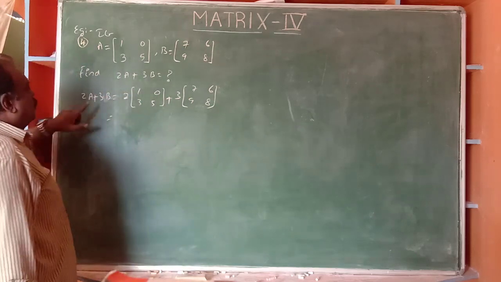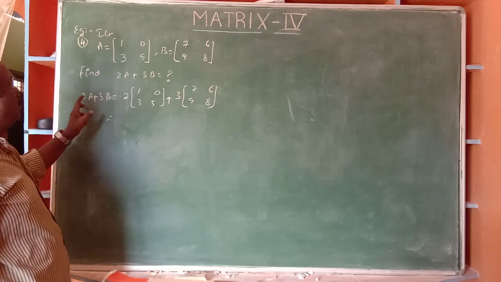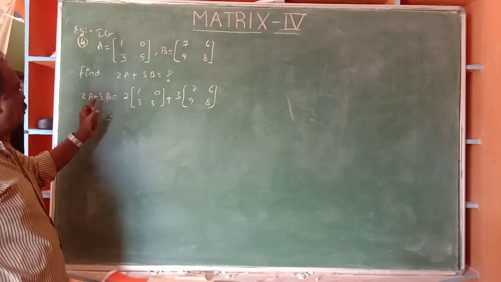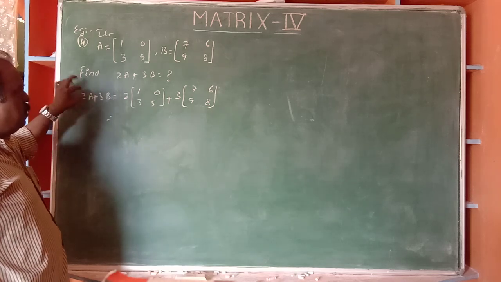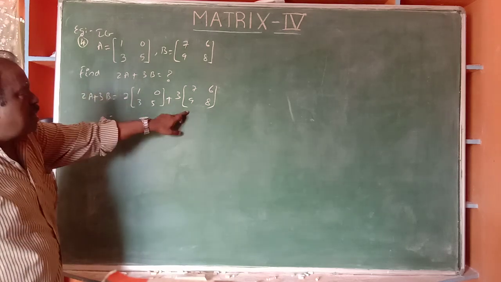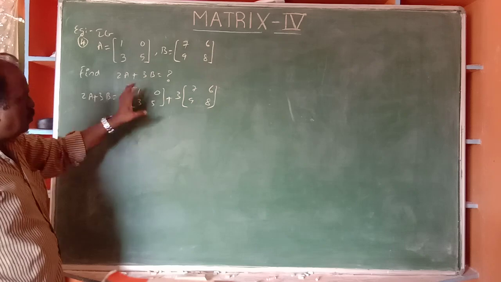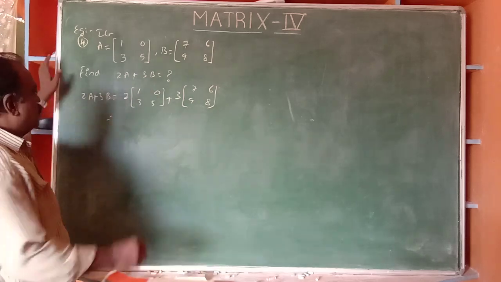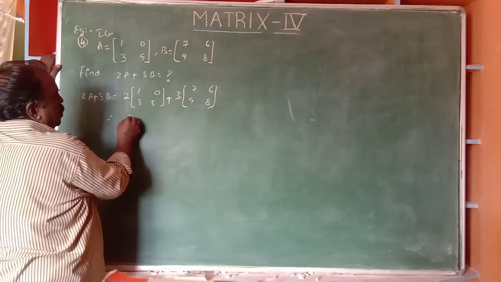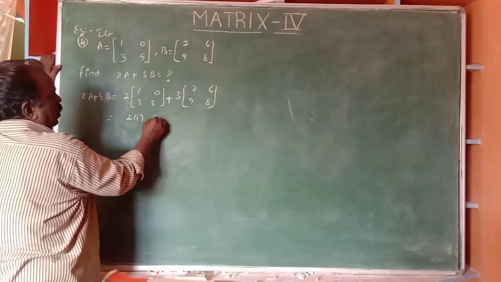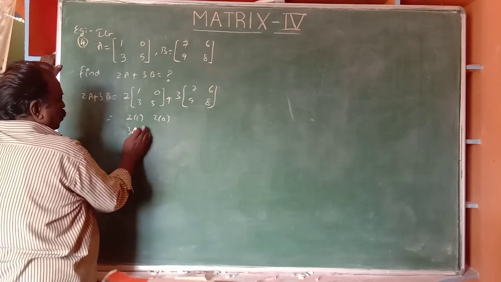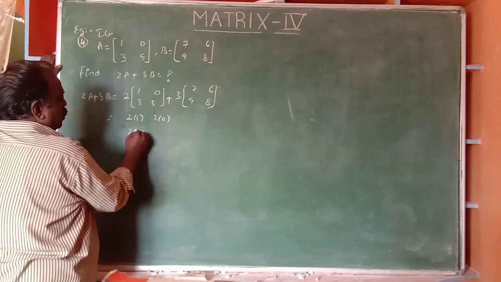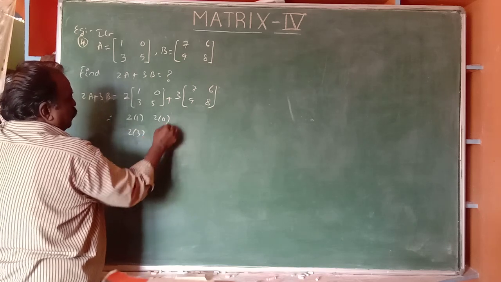First we use the multiplication of a matrix with a constant. A is a matrix multiplied by 2. B is a matrix multiplied by 3. First we have to multiply. Then it is 2 into 1, 2 into 0, 2 into 3, 2 into 5.